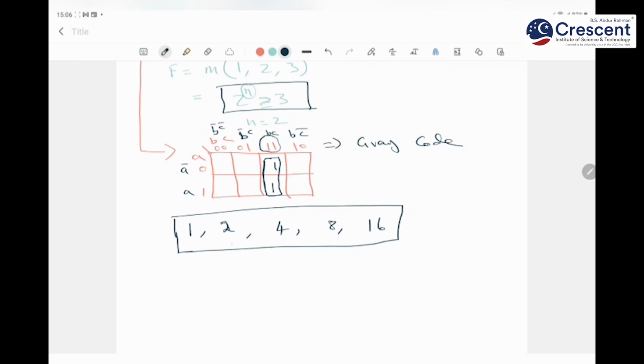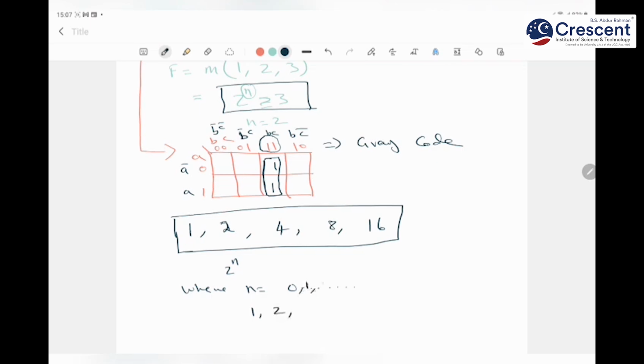So you can generalize this in terms of a formula like 2 power n, where n is equal to 0, 1, 2 and so on. If you substitute n as 0 you will get 1, and if you substitute n as 1 you will get 2.